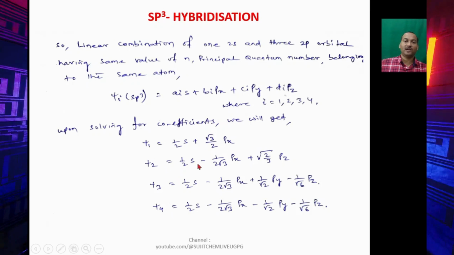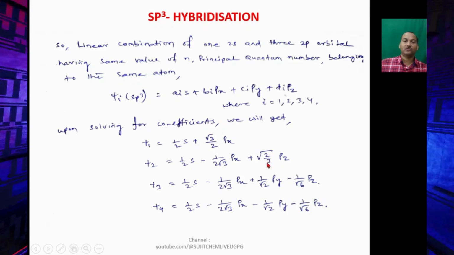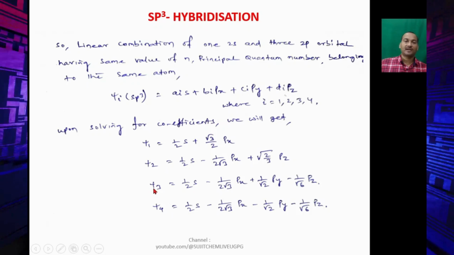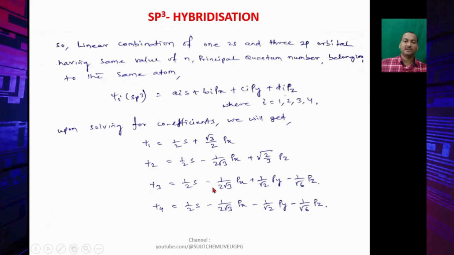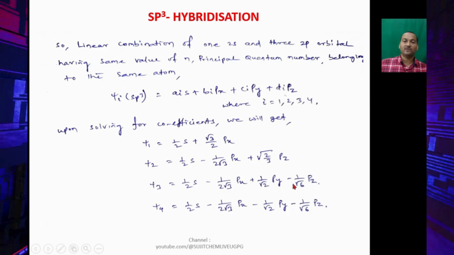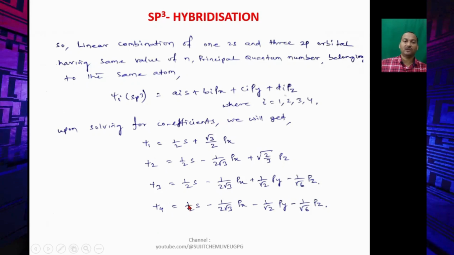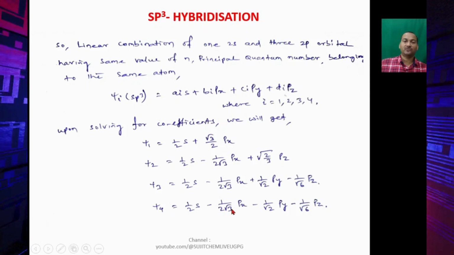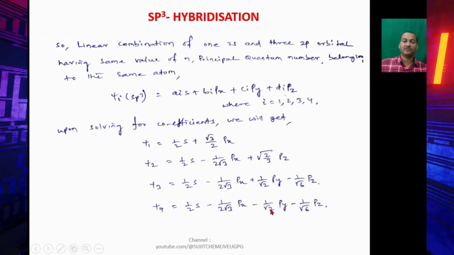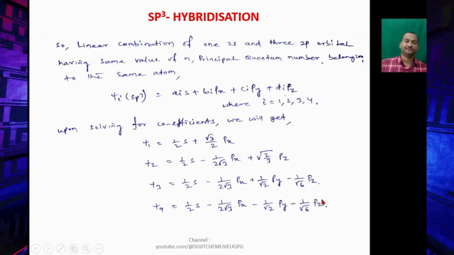Psi 2 will be 1 by 2 s minus 1 by 2 root 3 px plus root 2 by 3 pz, and psi 3 equals 1 by 2 s minus 1 by 2 root 3 px plus 1 by root 2 py minus 1 by root 6 pz, and psi 4 equals 1 by 2 s minus 1 by 2 root 3 px minus 1 by root 2 py minus 1 by root 6 pz.